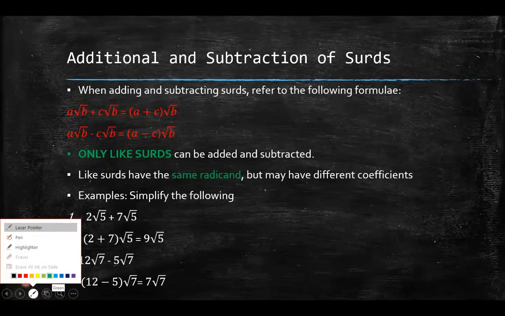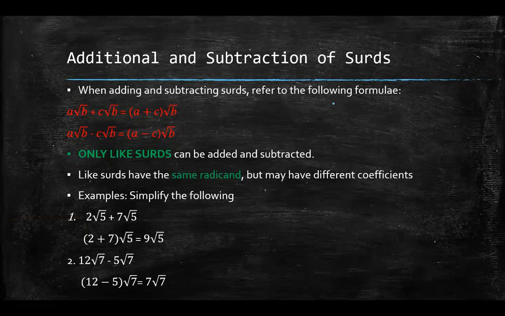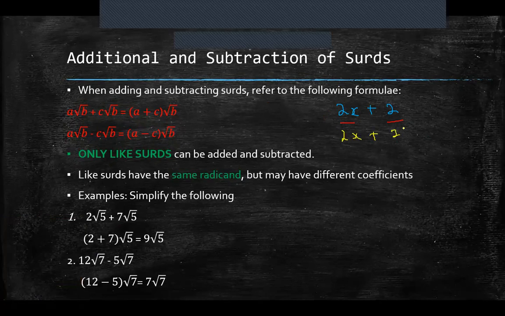Okay, let me show you now. If they give me this expression, 2x plus 2, we know from basic algebra that we cannot simplify this any further. Why? Because I cannot add 2x and 2. But I could add 2x plus 2x. We know that this would give me 4x.